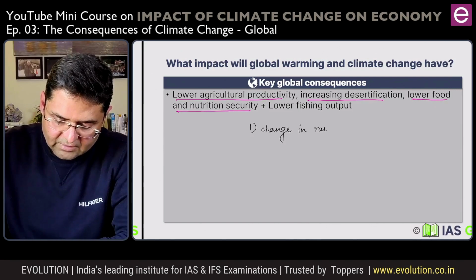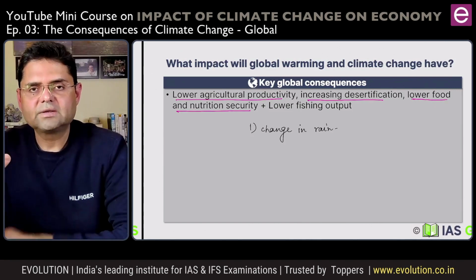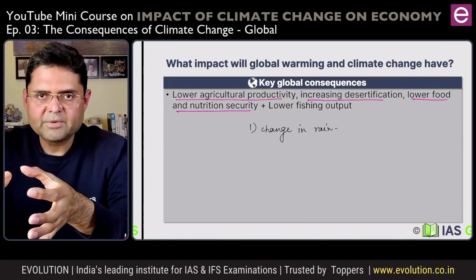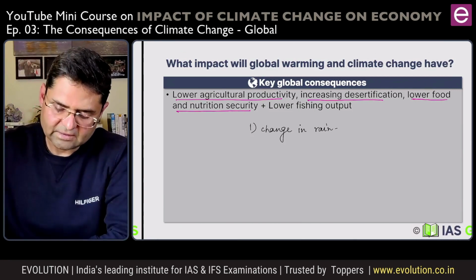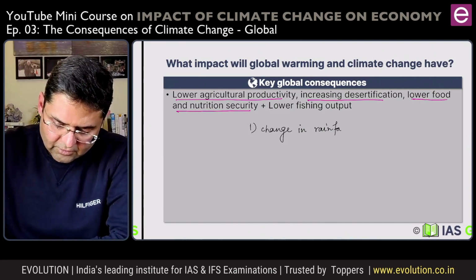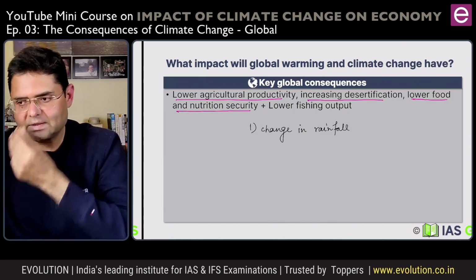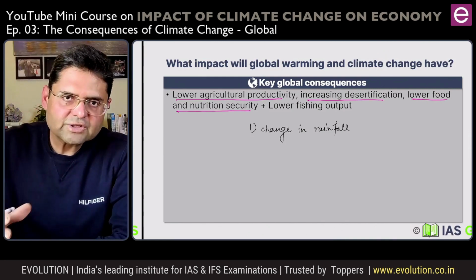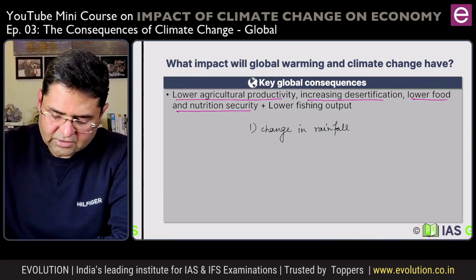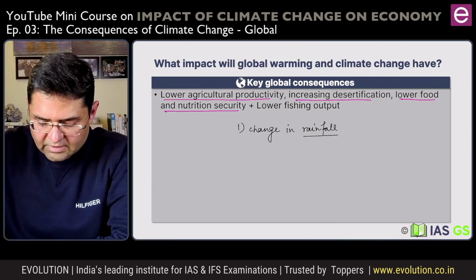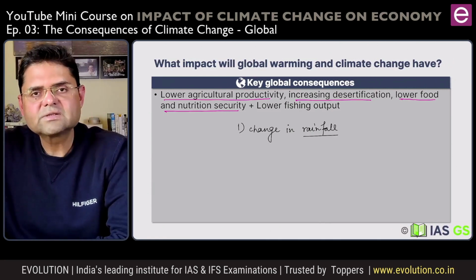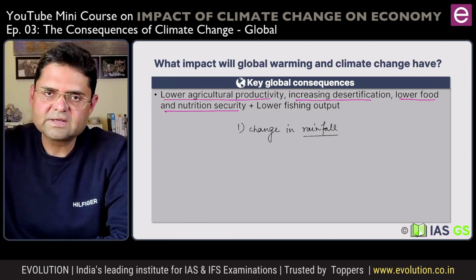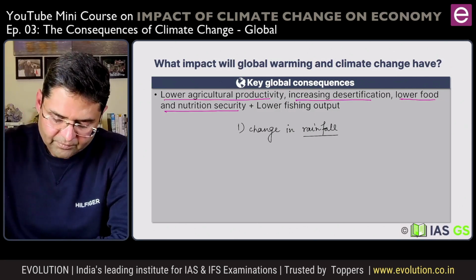Yesterday when we spoke about the manifestations of climate change, we were talking about the shift in rainfall pattern. There we saw that changes in rainfall is one of the important parts of climate change. When that happens, rain dependent agriculture is definitely going to be impacted.